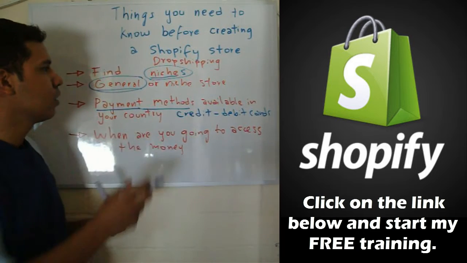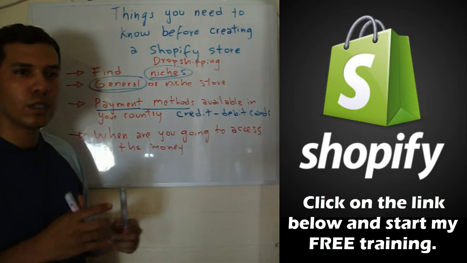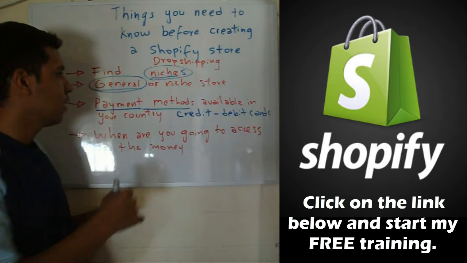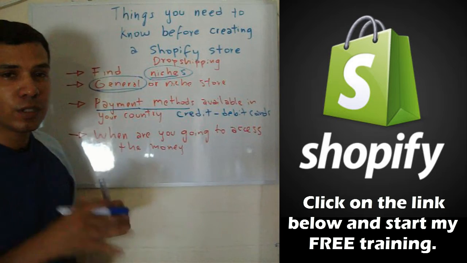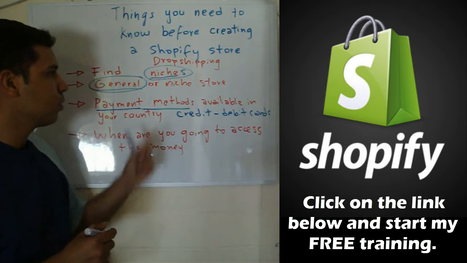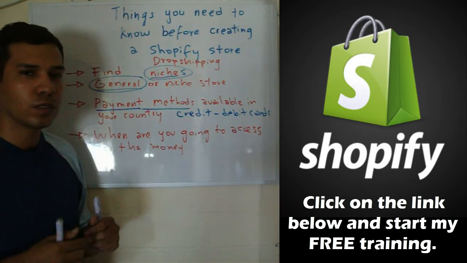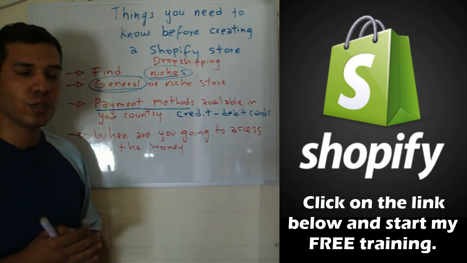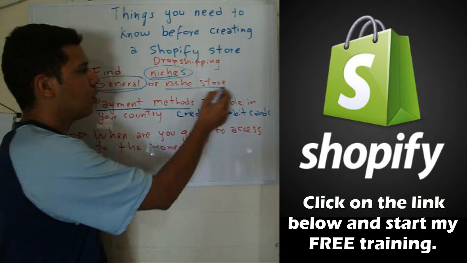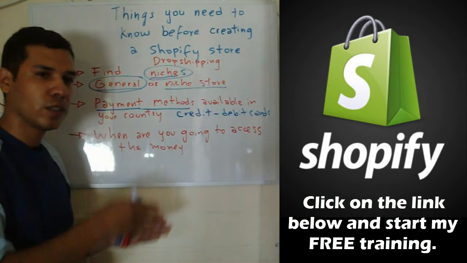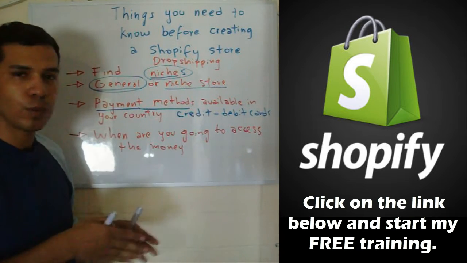Find niches, select 1, 2, 3, up to 9 or 10, and try several niches in a general store. Now, when you find that one of those products is a good or best selling product, then you go and open a niche store for that specific niche or that specific product.